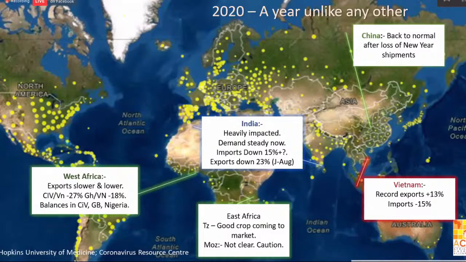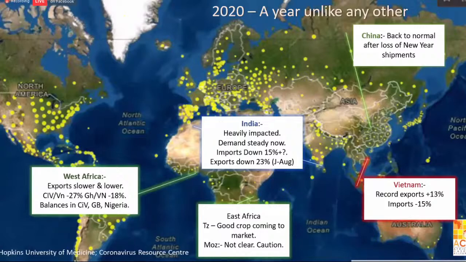And today, if we look at Chinese import figures for the year, you can see, excepting those 4 or 5 weeks when there were no exports from Vietnam, Chinese imports have recovered. And if you leave that particular part of the year out, you could even say that demand is higher than it was in the previous year. So it's back to normal.